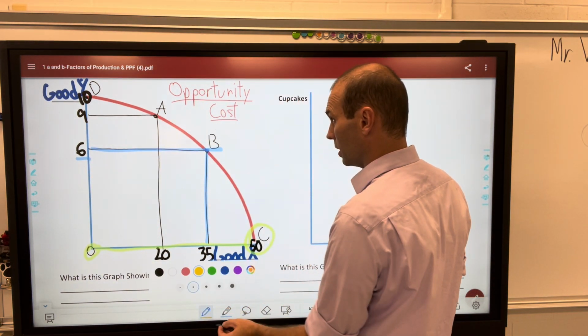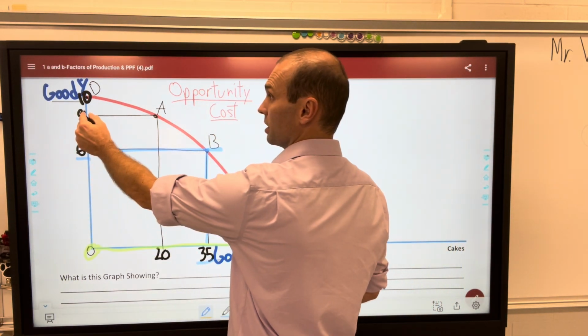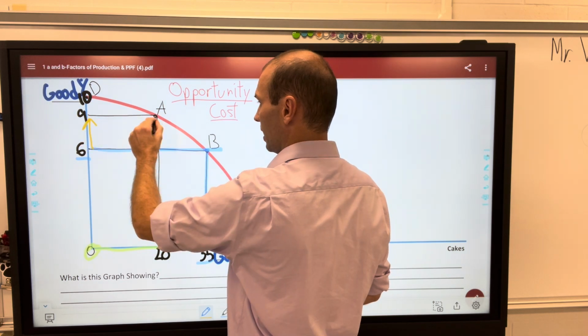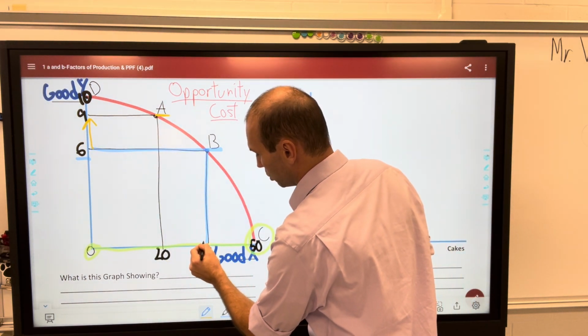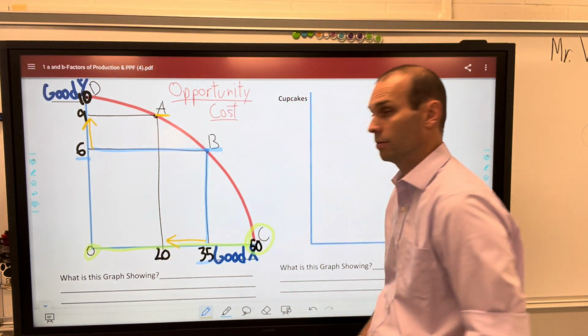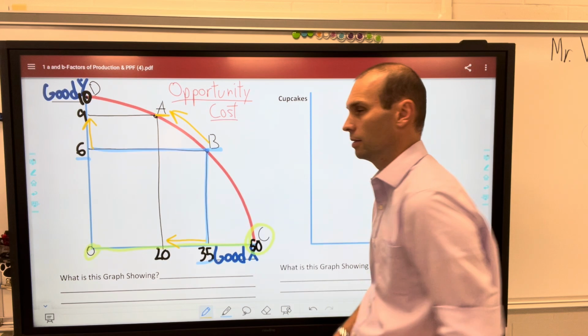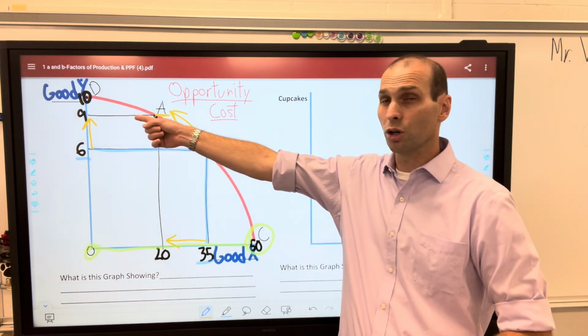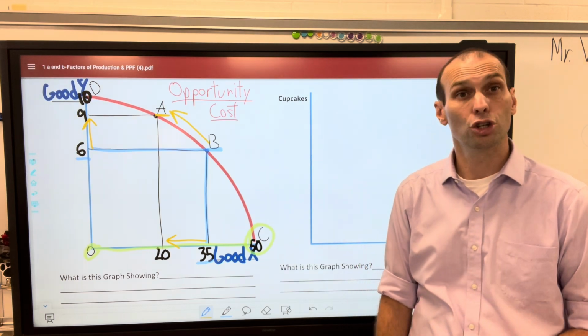Where are we going to? Well, 3 more. 6 plus 3 good Ys is 9. So we're going to go to point alpha. But point alpha means we go from 35 to 20. So going from Bravo to alpha, or 3 more good Ys, cost me 15 good X's.